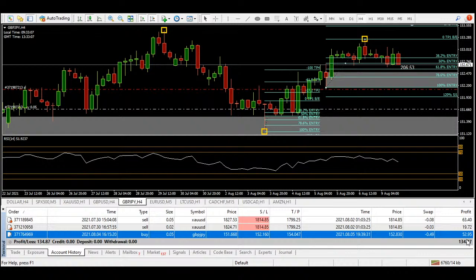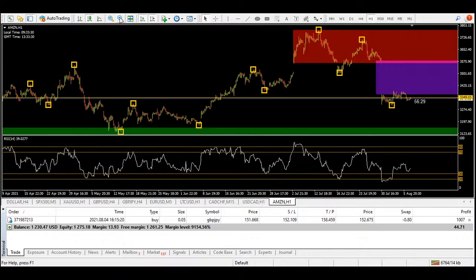Euro is shooting up a little bit for us. Amazon needs to fill this gap. And it has created one. Could come back down to test this.